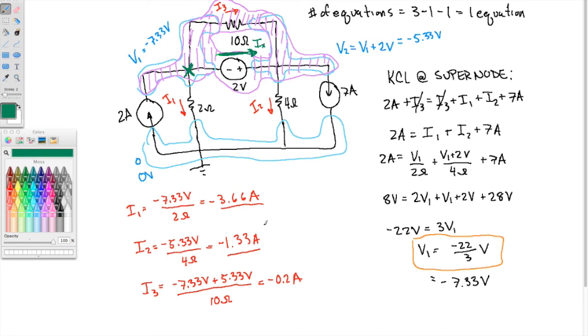So now we would have this 2 amp comes into that junction equals I1 leaves plus IX leaves plus I3 leaves, and we've already found I1 and I3 using Ohm's law, so we can solve this for IX, getting the current through the voltage source. So therefore we have all the currents, we have all the voltages, we can get powers if we want, and so forth.